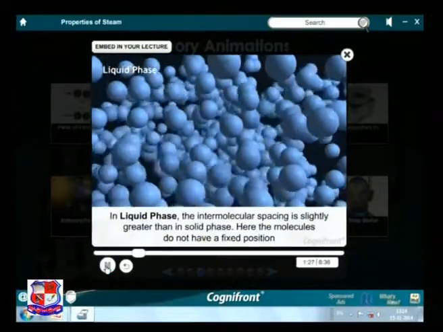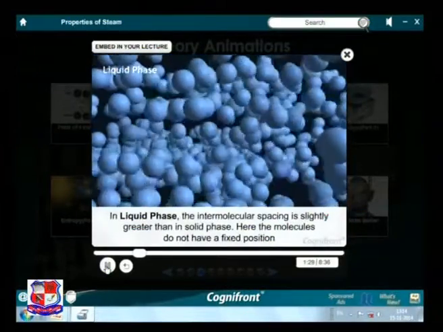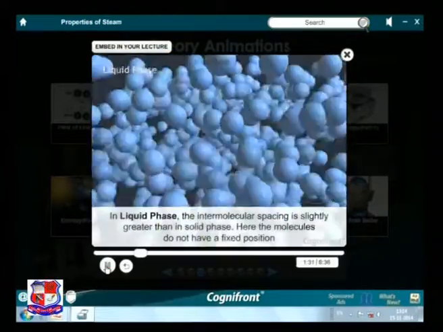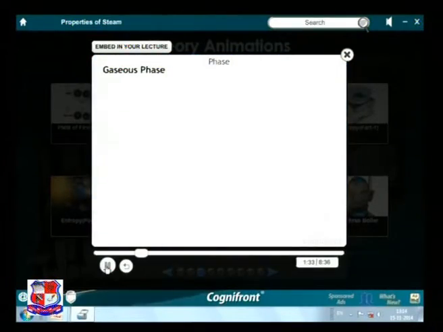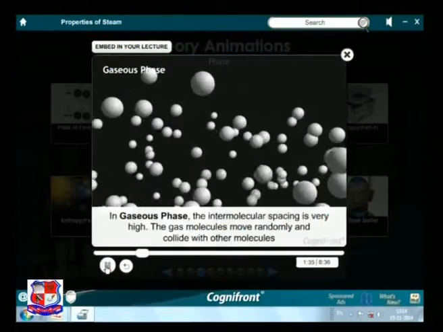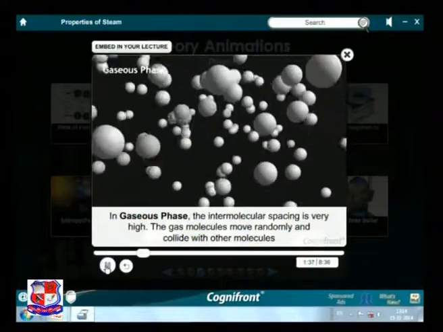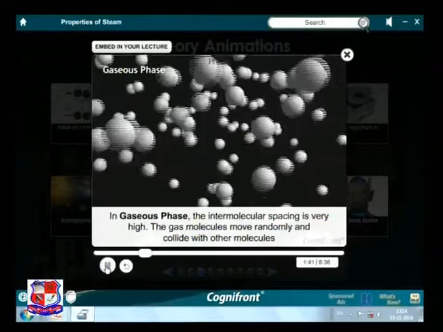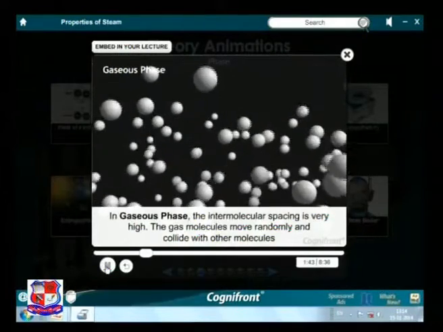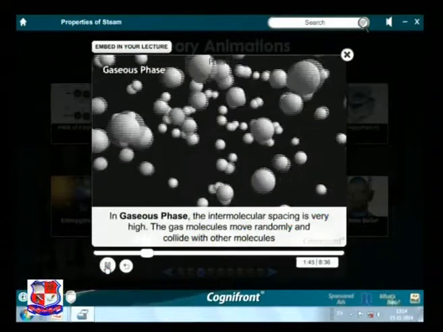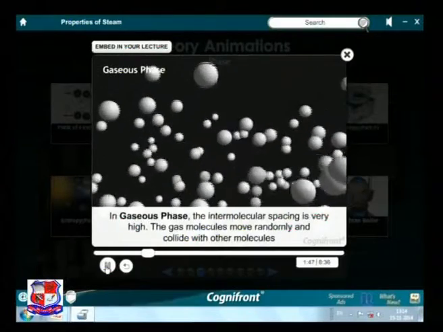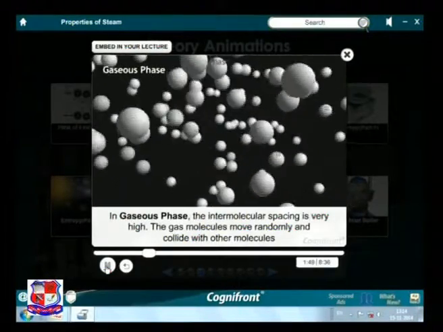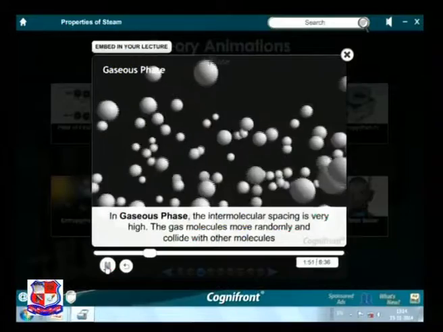Here, the molecules do not have a fixed position. Gaseous phase: in this phase, the intermolecular spacing is very high. The gas molecules move randomly and collide with other molecules. Hence, these molecules do not have a fixed position in the molecular structure.